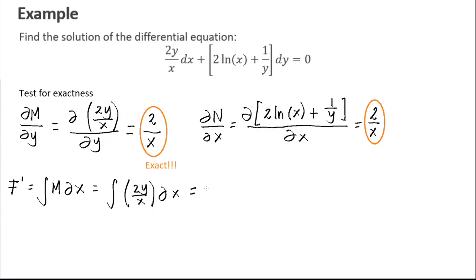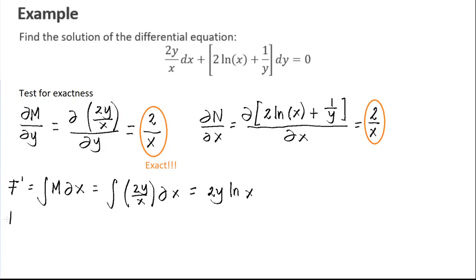So I will separate the constant first, which is 2y. And what is the integral of 1 over x? That is ln x. Okay, so do not put here plus c. We will include c at the last step.